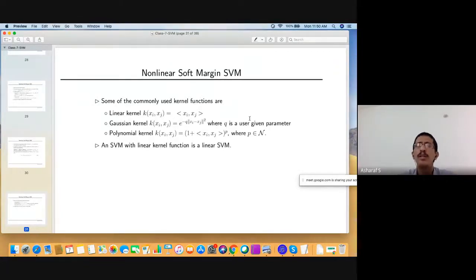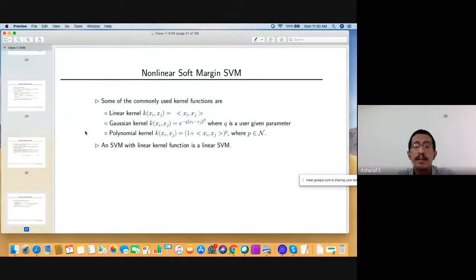And these are not the only kernel functions. Any function which satisfies Mercer's condition can be qualified as a kernel. There are kernels defined between graphs, between tree structures, between sentences, and between complicated, arbitrarily shaped structures.